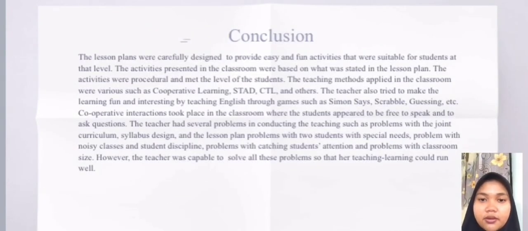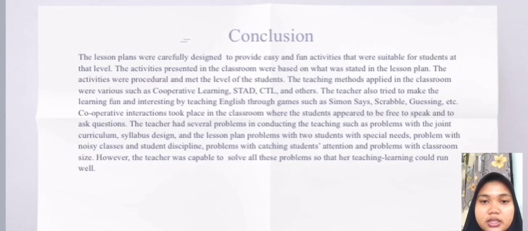Based on the result of this study, there are several suggestions which are considered useful for the teacher to improve her teaching at school. They are as follows. The first, it is suggested that the teacher improve her teaching preparation by adding more teaching media, providing more varied teaching materials, and designing more detail into the lesson plans.